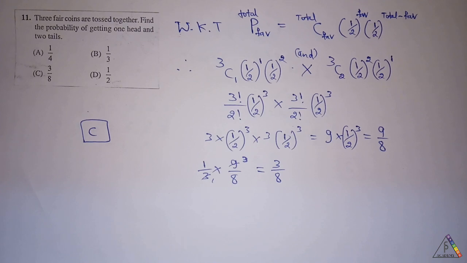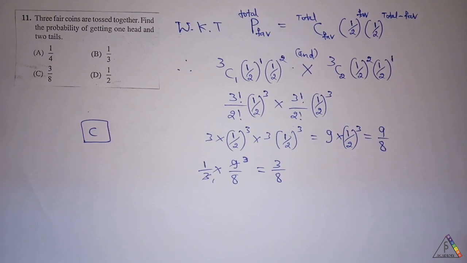Next question: 3 fair coins are tossed together. Find the probability of getting 1 head and 2 tails.